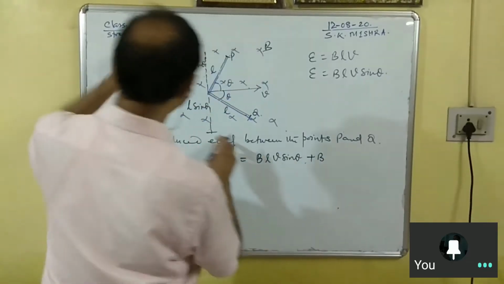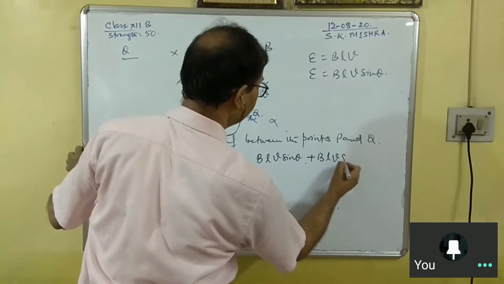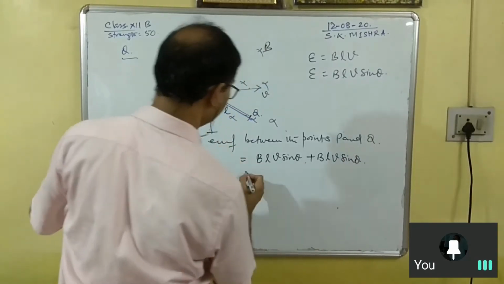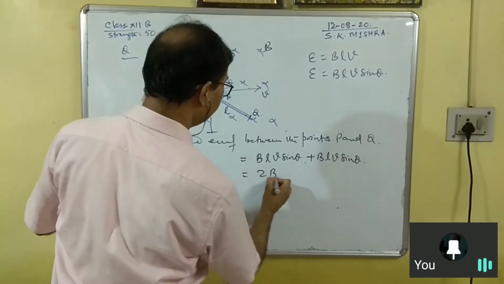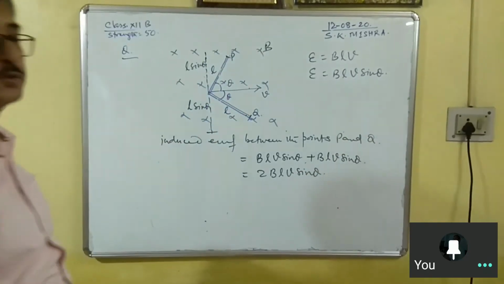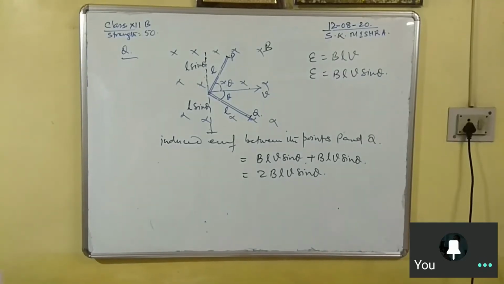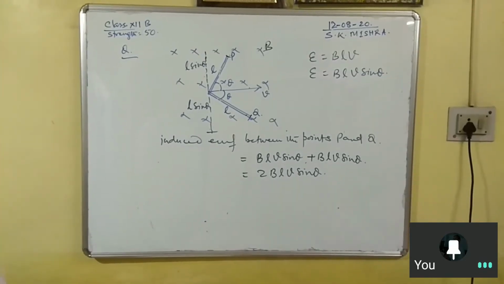So the effective length is 2L sin theta. Now just add these two. This is 2BLV sin theta, the induced EMF between the points P and Q.